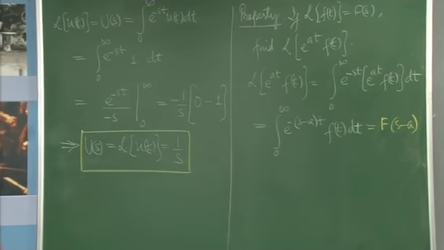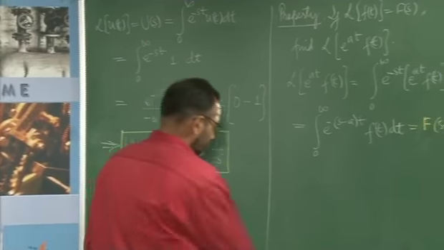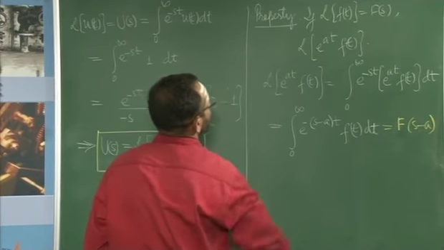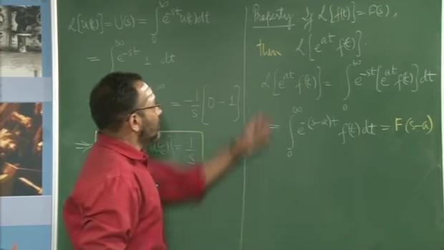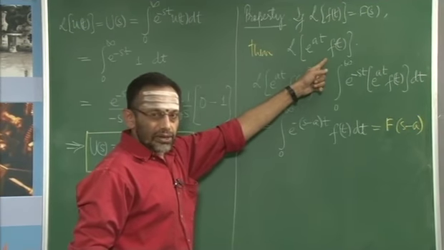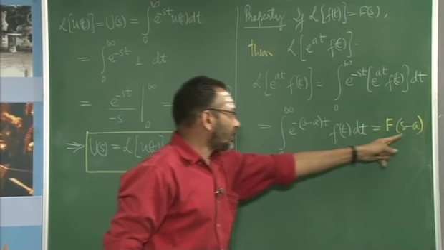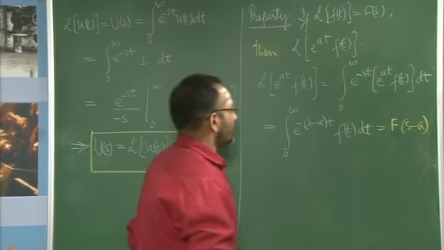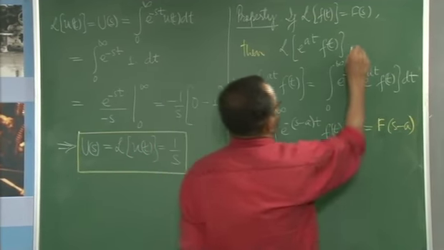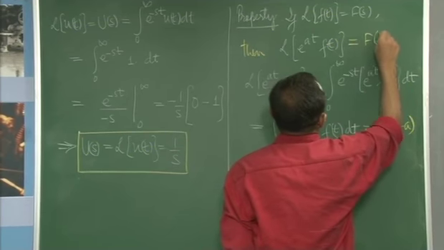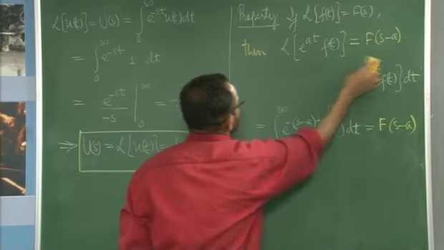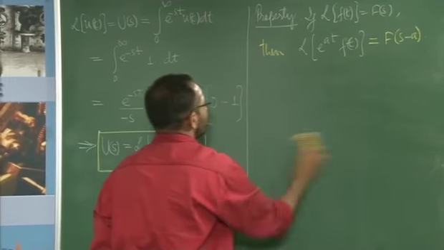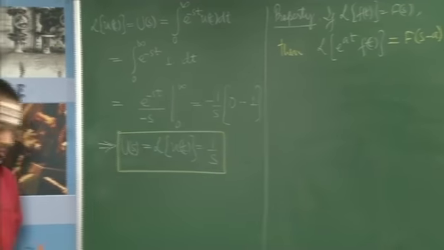Therefore, once you multiply by an exponent, it gives you a translation, and translation means a shift in the frequency domain. So, this turns out to be F of s minus a. That is an important property for us.